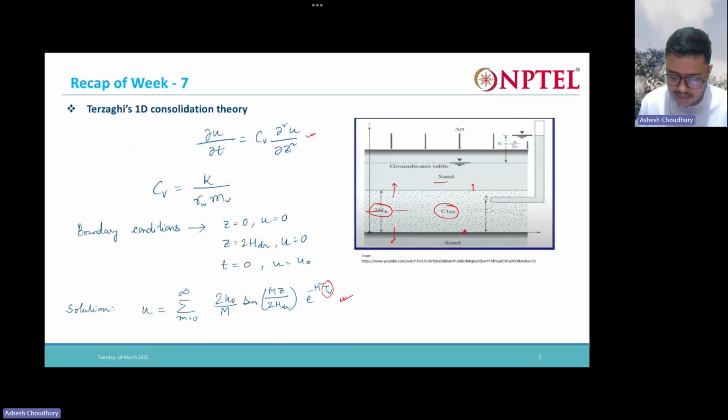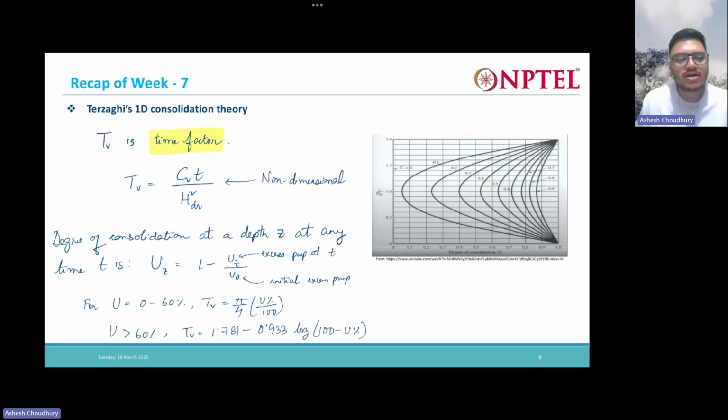Now 2Hdr is the total thickness of the clay layer. As we have double drainage, the drainage is happening in both directions, so our drainage path will be this much, Hdr. So it is the square of the distance of the drainage path.